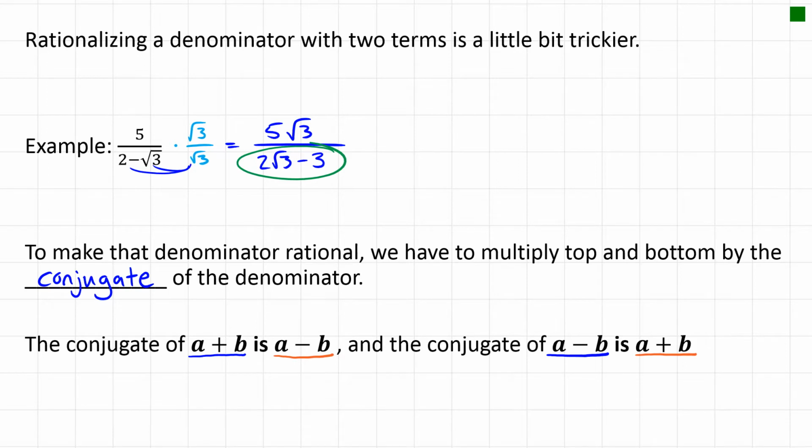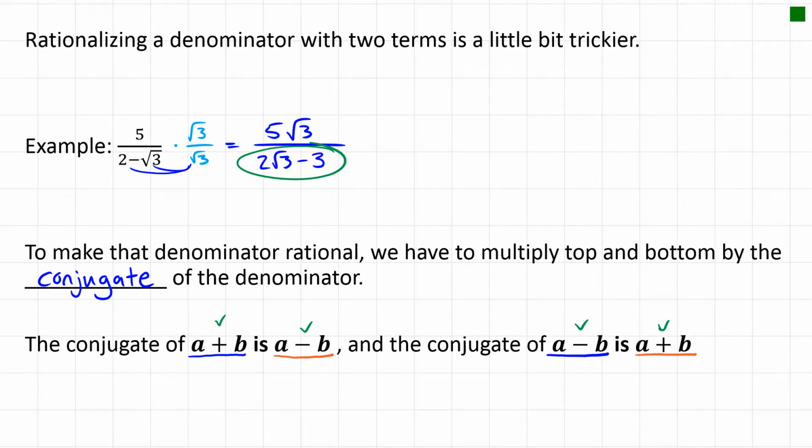So you will notice that the conjugate of a binomial is just the binomial repeated, but with the sign switched in the middle. That's what's happening in each of these examples.